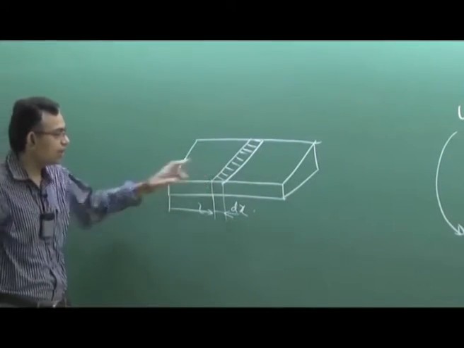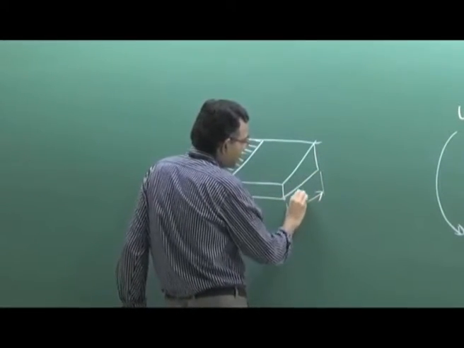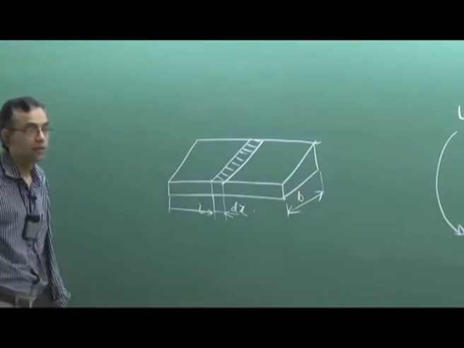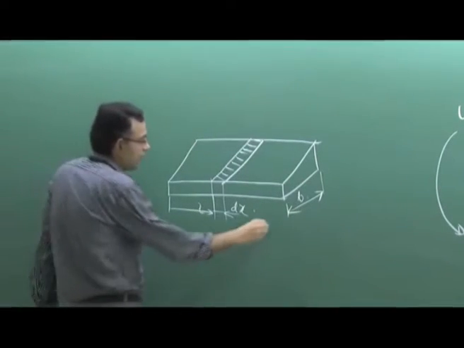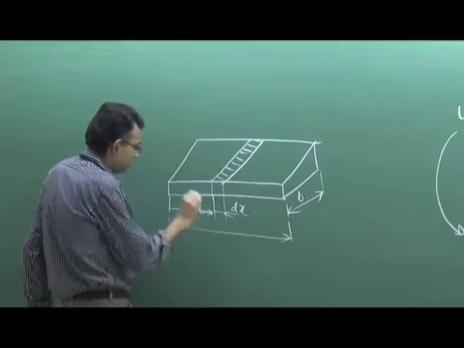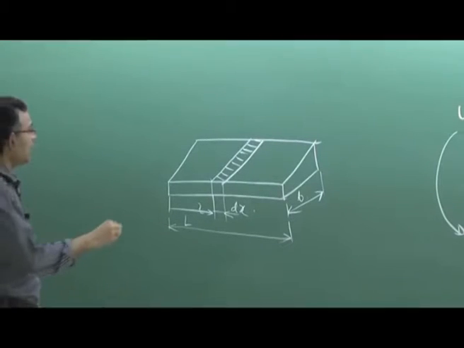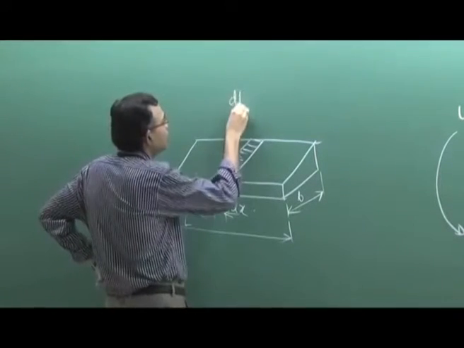What is the force on this? Let us say that the width of the plate is b and the length of the plate is L. So what is the elemental drag force on this?